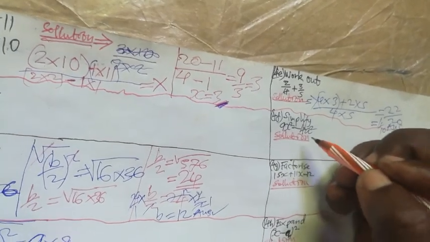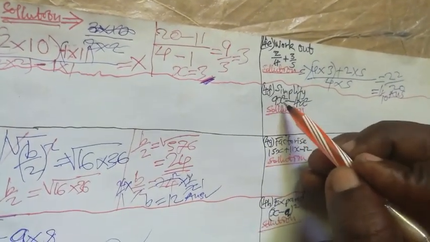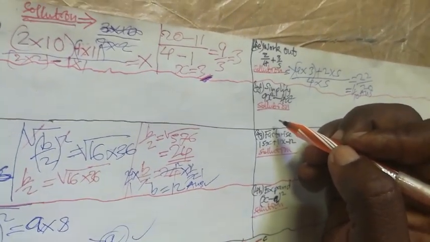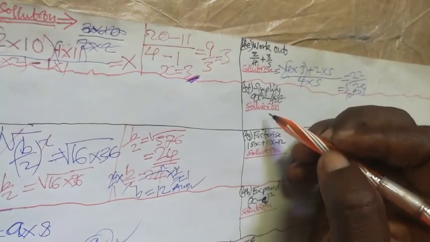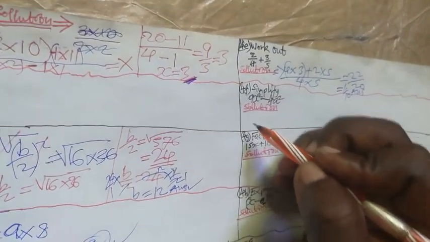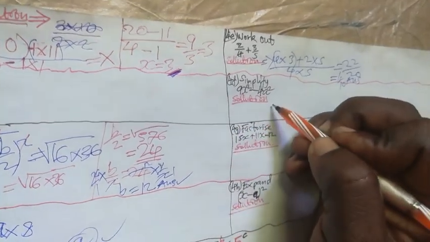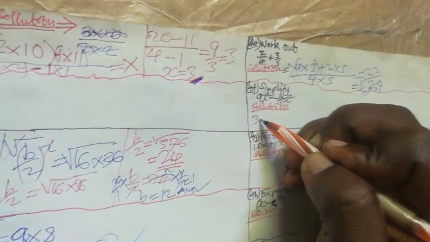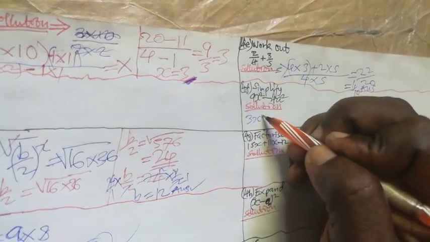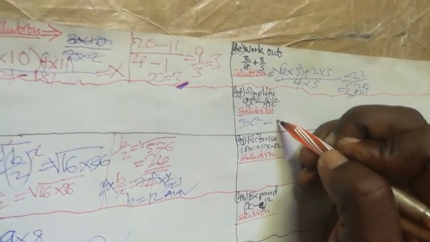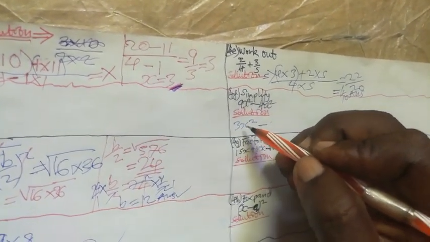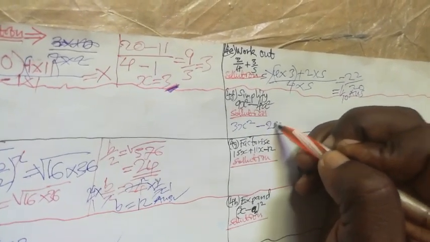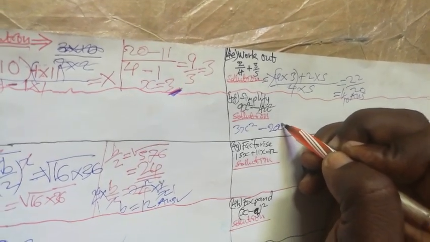Question 4F says simplify 9x squared minus 4a squared. Now, this is difference of two squares. 9x squared is the same as (3x) squared, and 4a squared is the same as (2a) squared.